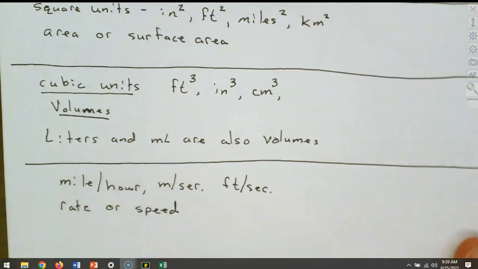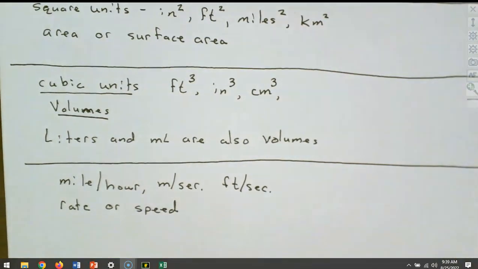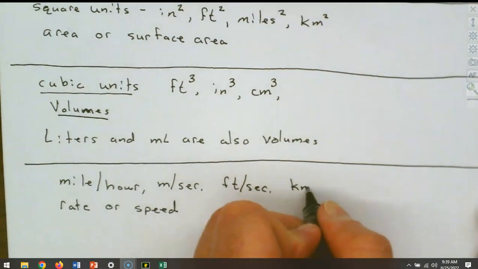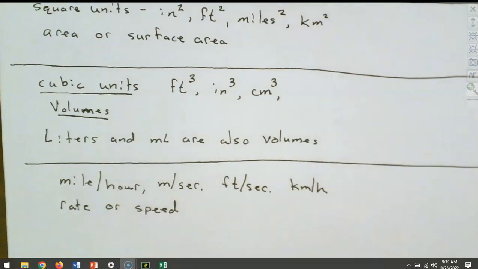And there's different ones depending upon what it is. Normally we think of miles per hour or kilometers per hour. Those are speeds, but there can also be meters per second or feet per second. And if you're looking at something like the speed of a bullet, you might look at feet per second.